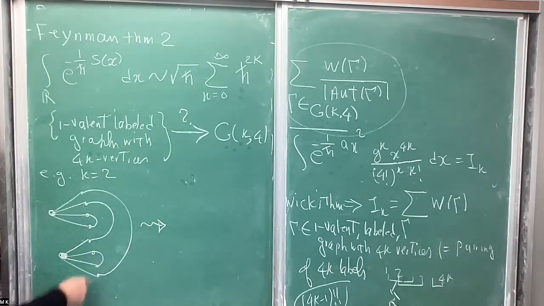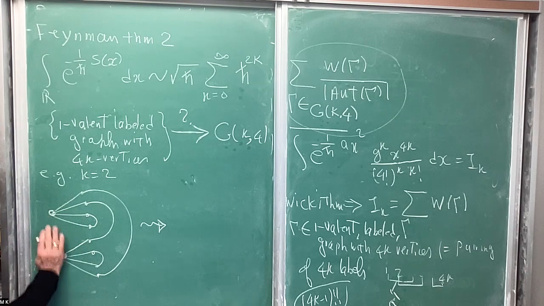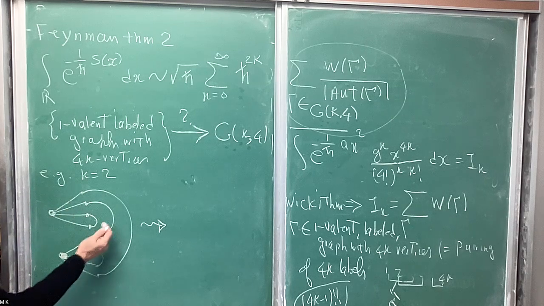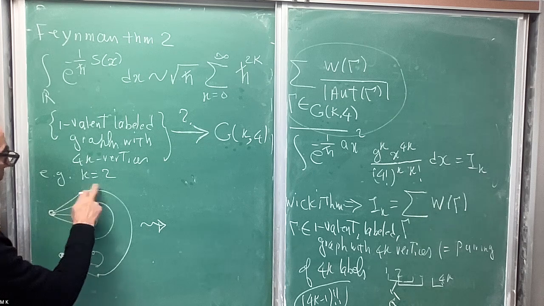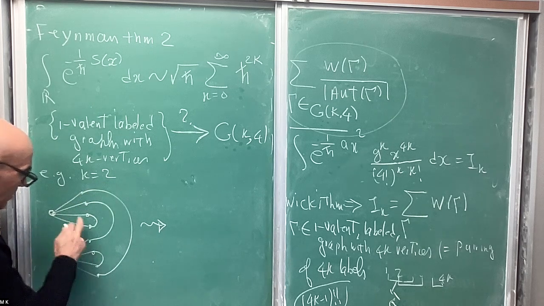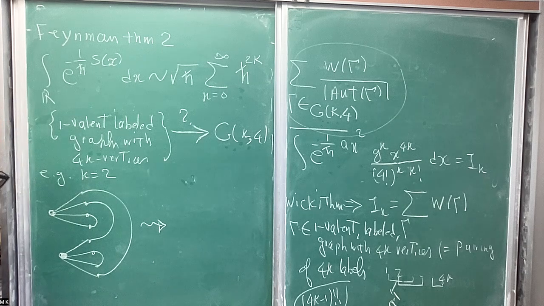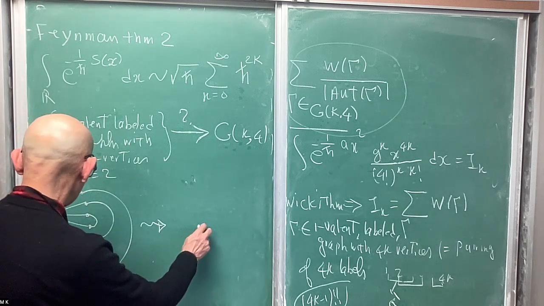Forget about this part. This is really just a pairing of, k is equal to 2, 2 times 4 is 8 labeled vertices. But then the graph that you get by this method is the following graph.